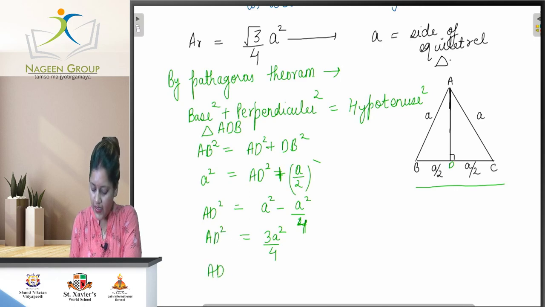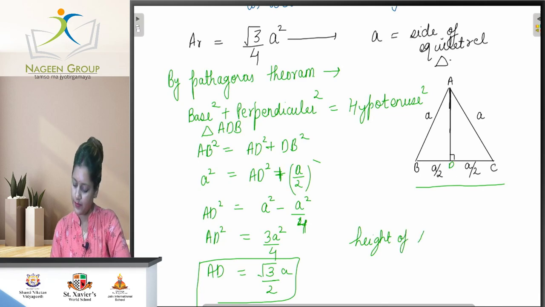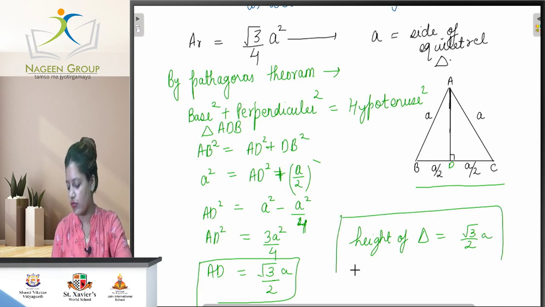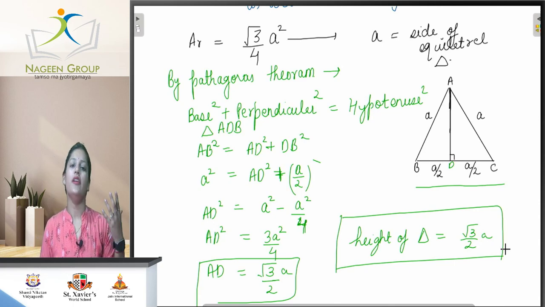Then AD is equal to under root 3a square upon 4, so the height of the triangle is equal to root 3 by 2 a. Here we got the actual formula for directly finding the height of the equilateral triangle.